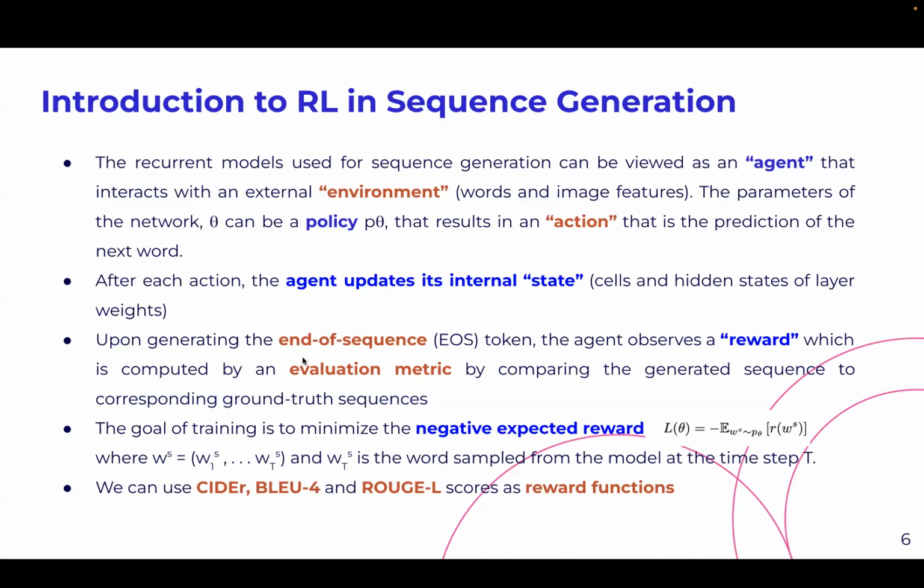Upon generating the end of sequence token, the agent observes a reward. Suppose you have completed generating a particular sequence, and the end of sequence token is triggered after it generates the complete sequence. Then the LSTM model observes a reward. Here the reward is something like the metrics that we choose to evaluate the model, like BLEU score, ROUGE, CIDEr.